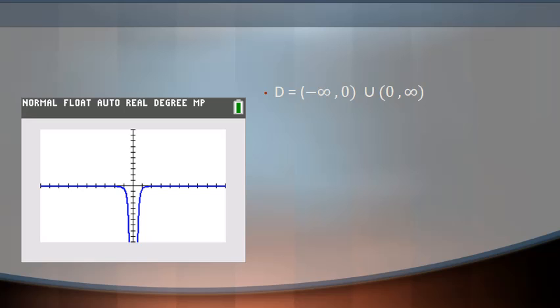Well, we can see here, as x is coming from negative infinity, we've got negative infinity, comma 0, parentheses, in union with 0, infinity would be our domain, where we've got a restriction in the domain at 0.